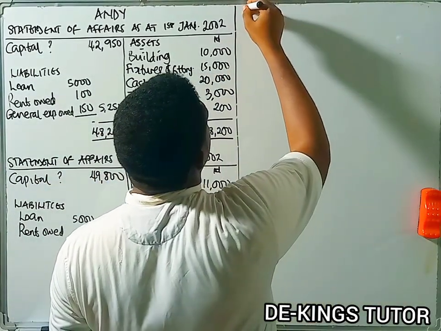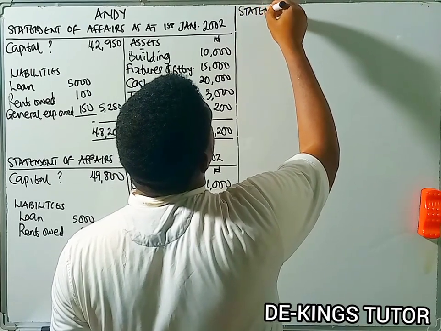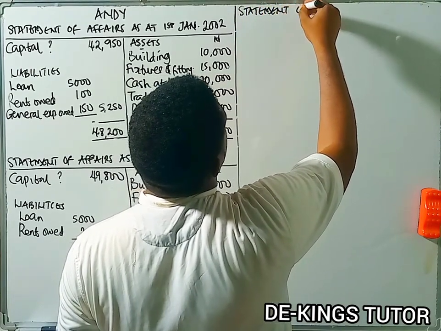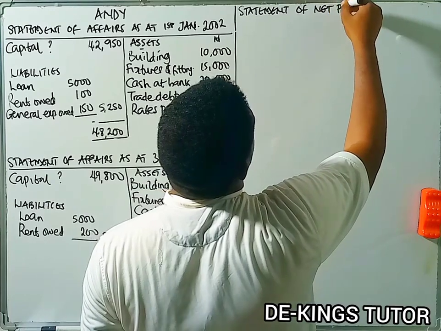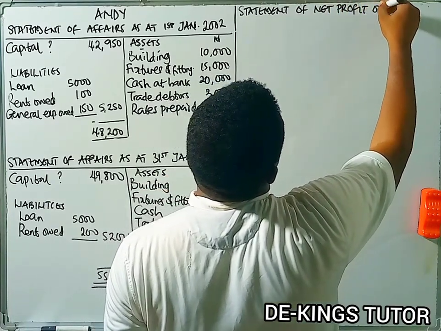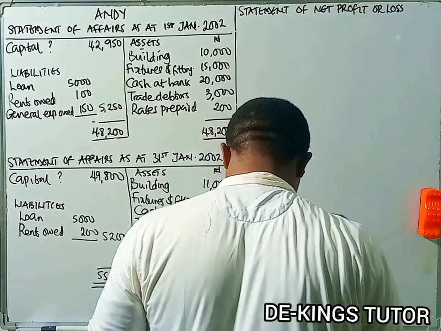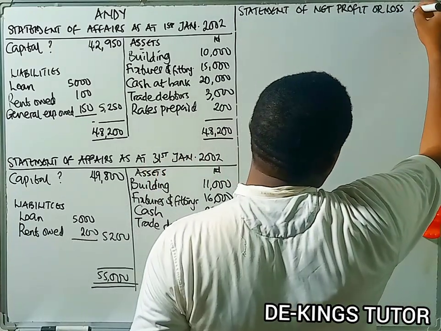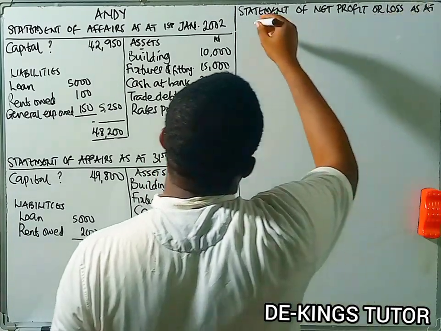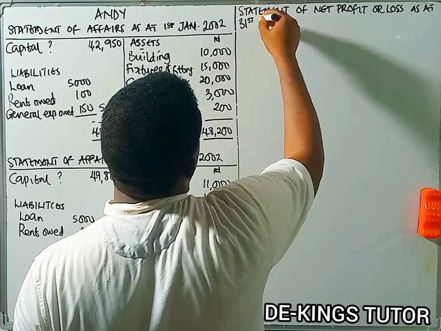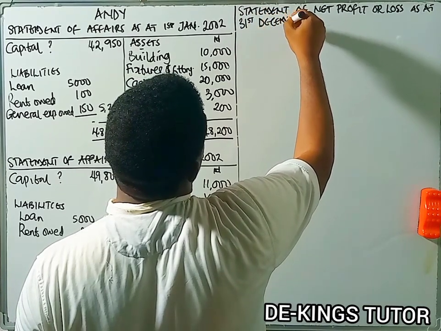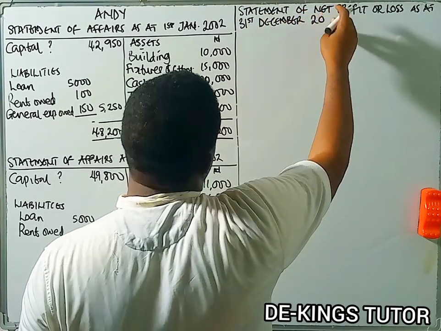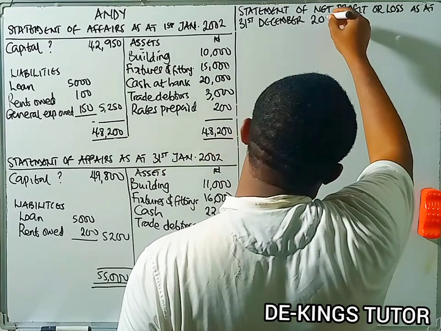So we have the statement of net profit or loss as at 31st December 2002.